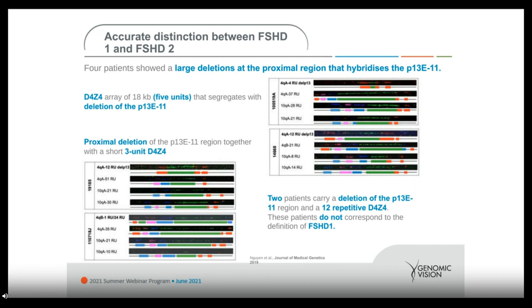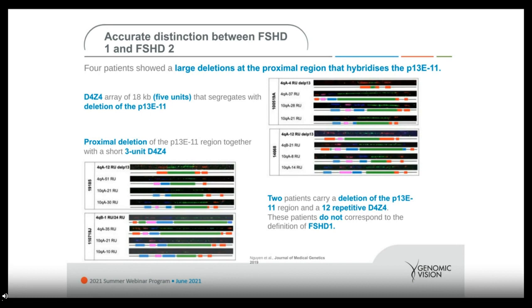In the first 2, we saw that there is a D4Z4 contraction, and specifically the first one has 5 units of D4Z4, and in addition there is a deletion of the P13E11. The second one has the deletion of the P13E11 region together with 3 units of the D4Z4. So clearly, these 2 patients were diagnosed as FSHD1 patients.